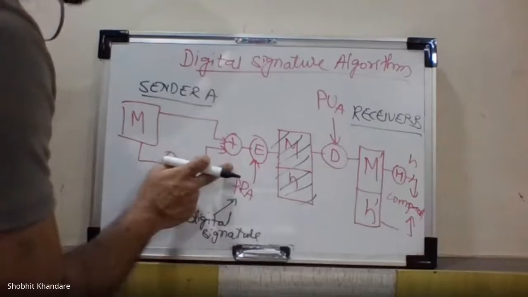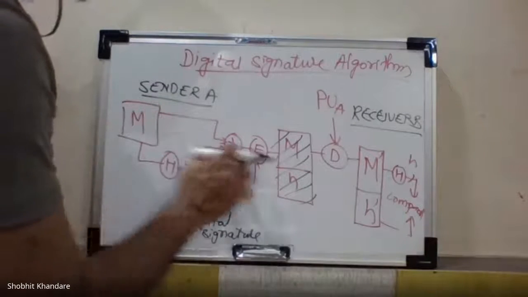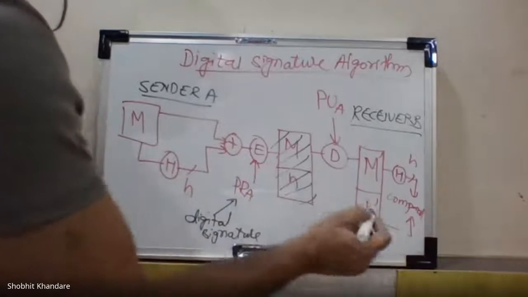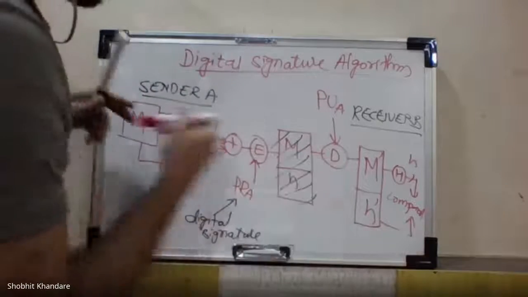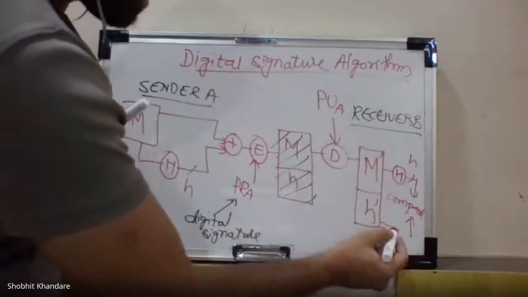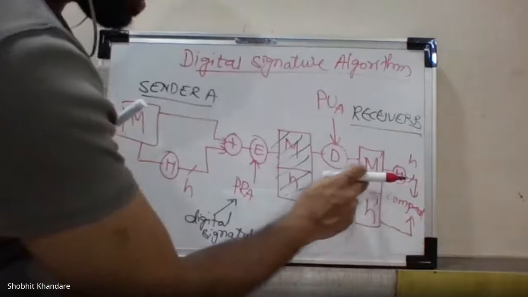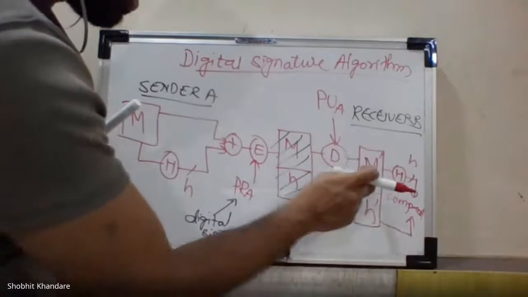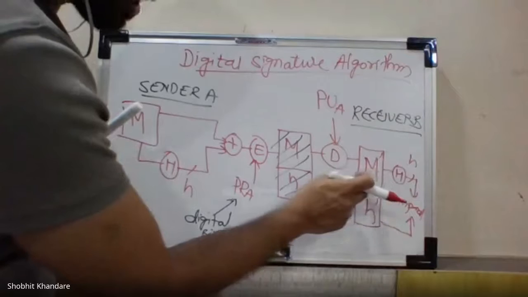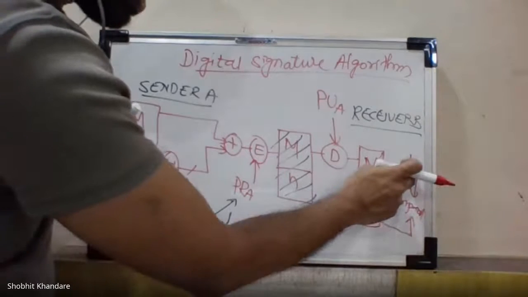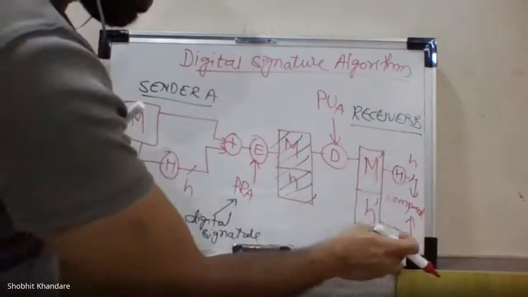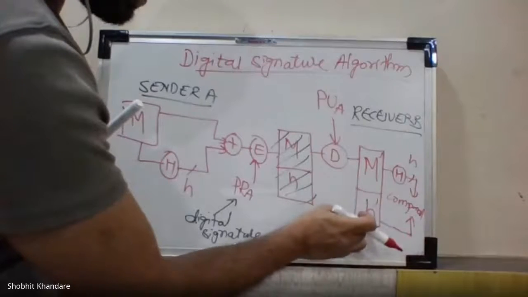Whatever is happening on the sender side is happening up to here, because you know encryption happens on the sender side and decryption happens on the receiver side. After decryption, M dash and H dash, we have got the received message and the received hash code. So we apply the hash function on the received message to get the hash code, and this H will be compared with H dash.